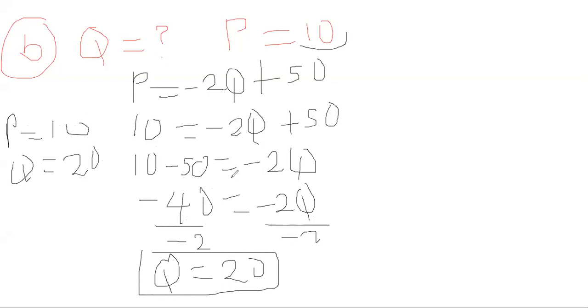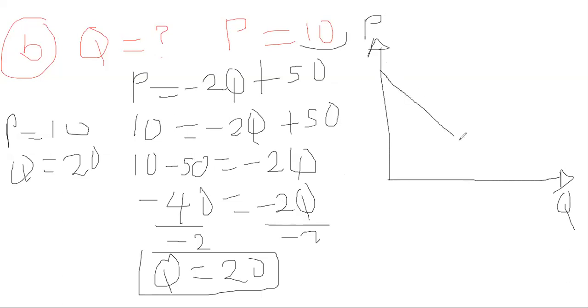So now that we have 2 points different from the intercepts, let's try to draw our graph and see this. So we have our P axis, that is the price, and Q axis, that is the quantity. So our intercepts are 50 and 25.